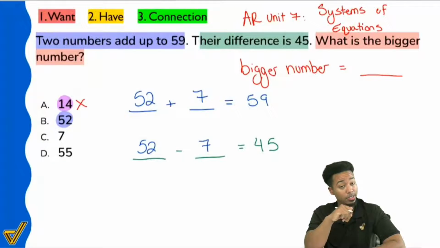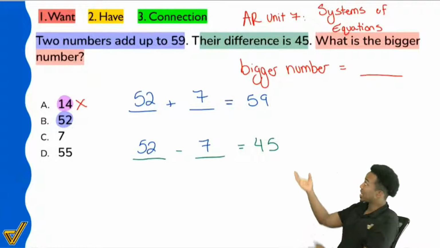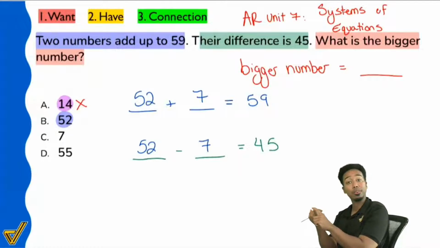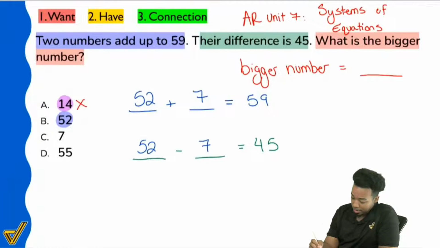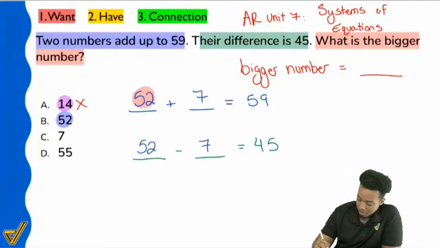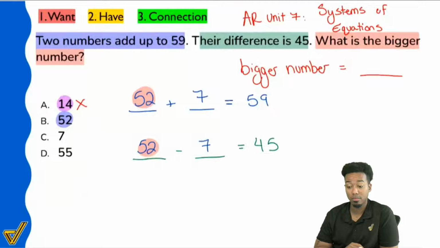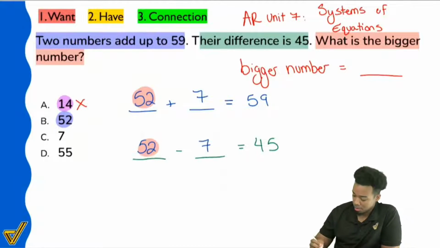It fits the bill. So 52 plus 7 does give us 59, and 52 minus 7 does give us 45. So it looks like what we said about the problem: they add up to 59, they subtract to 45. These numbers work. Is that number 52 the bigger number of the two? It is the bigger number of the two.